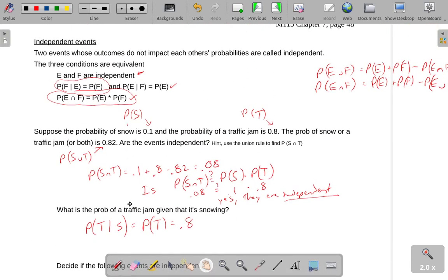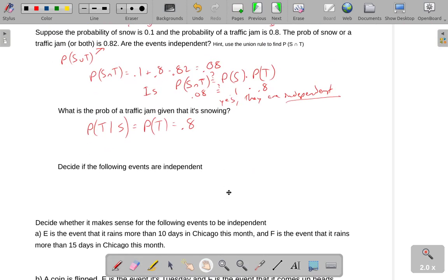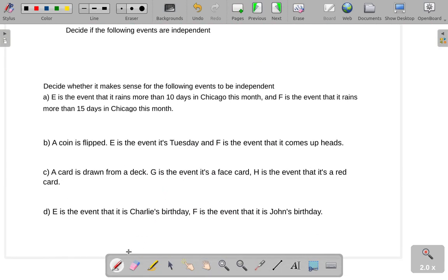Looking at the conditions for independence, there's really two of them. The easiest way to think about these is, if we know that it's rained more than 10 days, does that change the probability that it's rained more than 15 days? Or switch that around. If we know that it's rained more than 15 days in Chicago this month, does that change the probability it's rained more than 10 days this month?